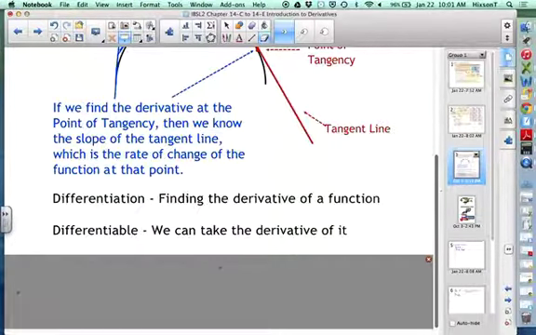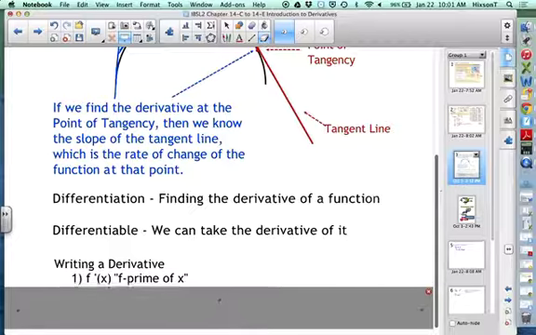Okay? The last thing I want to look at today, and then I'll give you time. I gave you one problem to work on for homework, but some notation. Okay? And then tomorrow we'll actually get into developing the definition of derivative and making some other observations about it. Okay? Some notation. Alright?